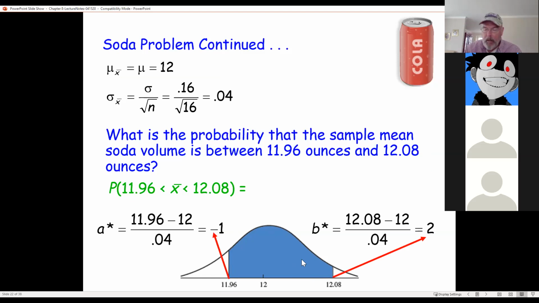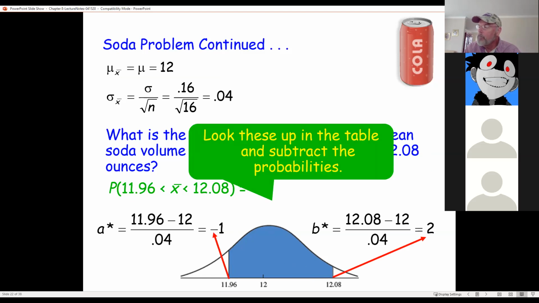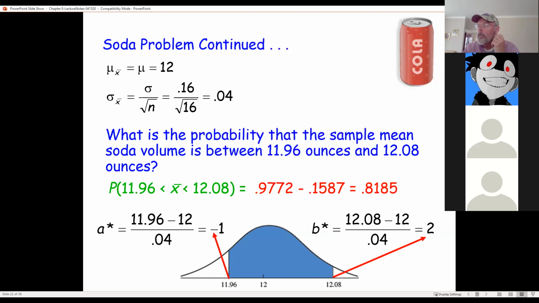So the area inside the blue shaded limits, the probability, is 0.8185 inside the limits that are shown here. Questions about that?